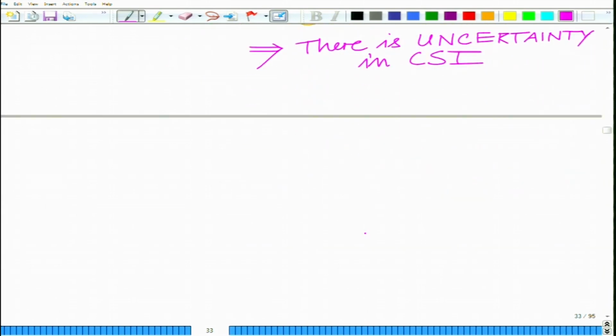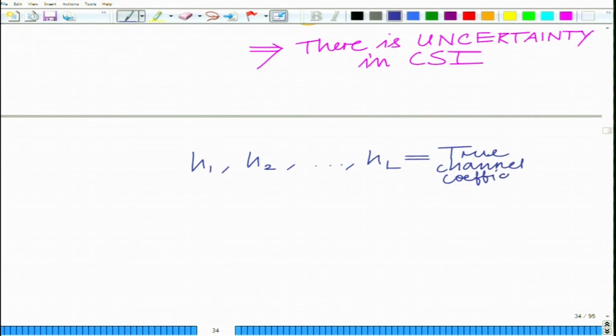So, we have these estimates. So, we have these true channel coefficients. The true underlying channel coefficients are not known, and what are known are the estimates that are denoted by these hats, H1 hat, H2 hat up to HL hat.